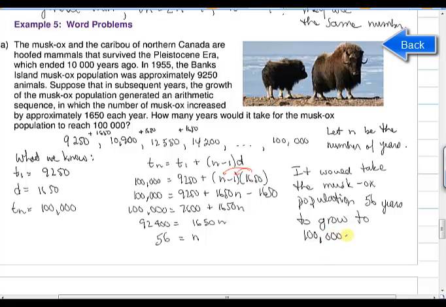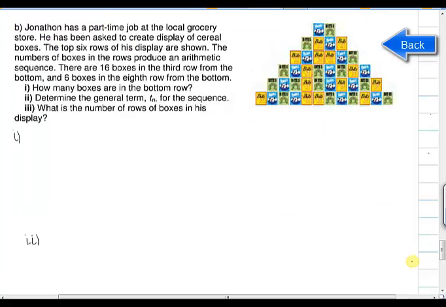So our second application problem for example 5. Jonathan has a part-time job at the local grocery store. He has been asked to create a display of cereal boxes. The top 6 rows of his display are shown. The numbers of boxes in the rows produce an arithmetic sequence. There are 16 boxes in the 3rd row from the bottom and 6 boxes in the 8th row from the bottom.